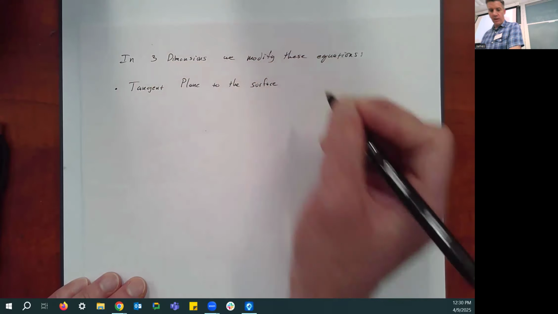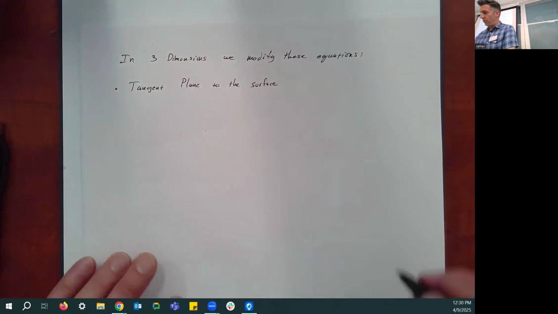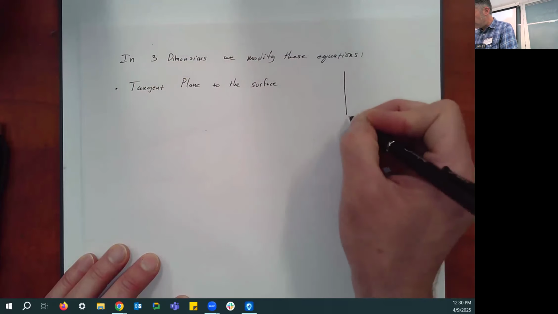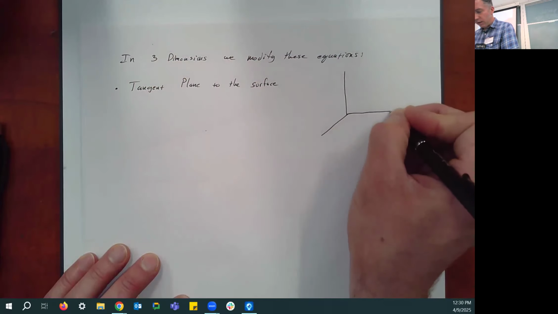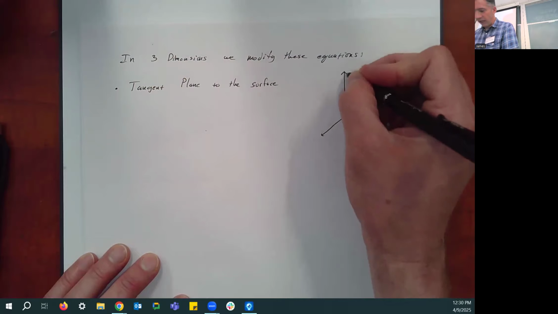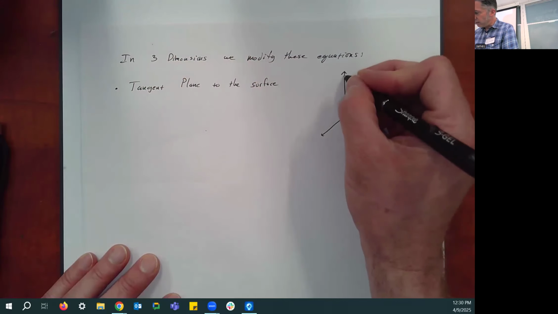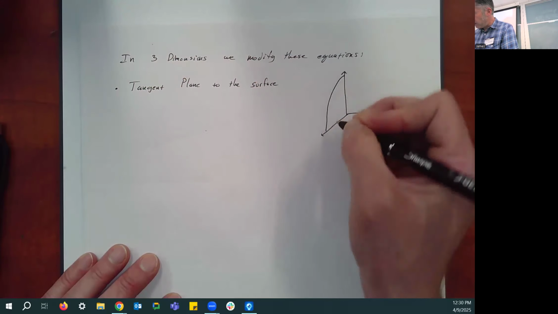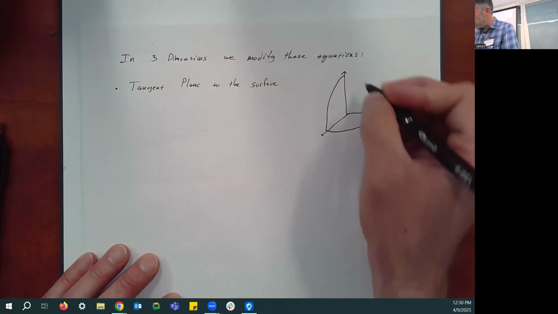The idea here being that if you have some surface, I'm really not great at drawing this, but I'll try my best here. I'm kind of imagining the thing I'm about to draw is like part of a sphere in the first octant.